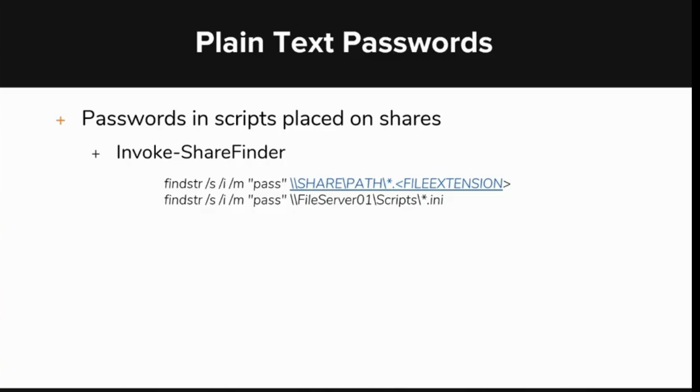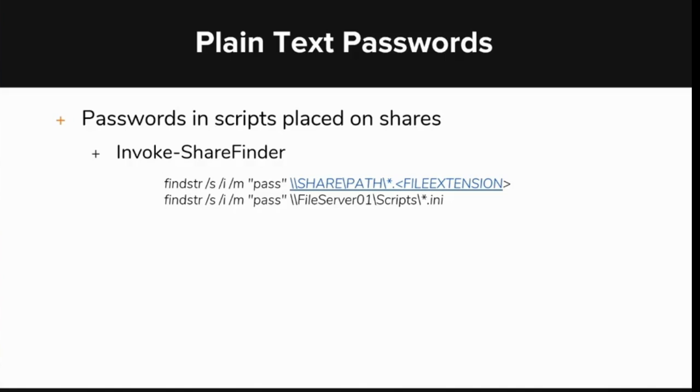My common approach is to use the findstr command, pass a few arguments to it, and specify the word that I want findstr to look for, in quotes. In this case, the word is pass, which stands for password. Of course, it needs to be replaced with PW and any other variations, maybe something different in your language if it's different from English.